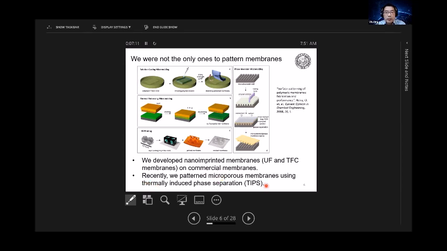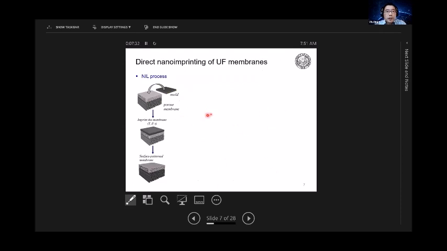So for that, recently we developed a combination of soft lithography with thermally induced phase separation to pattern membranes. Today, the majority of the talk will be in the first category, and just one slide on patterning microporous membrane.